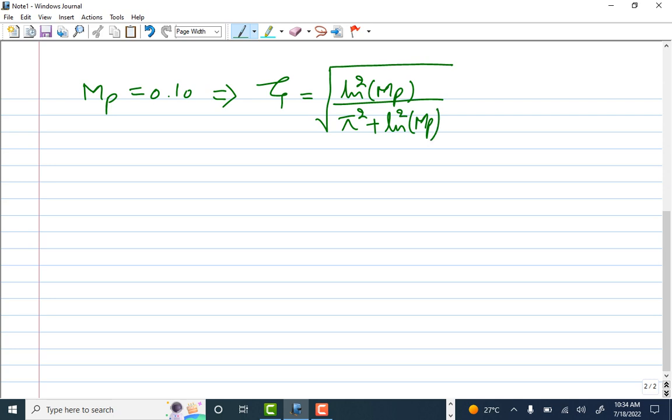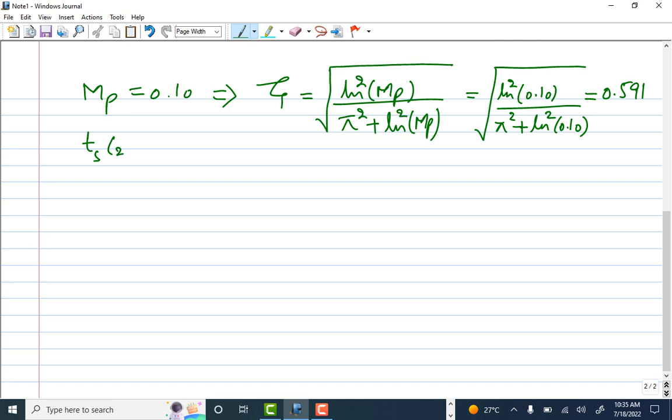If I quickly put in the values, it becomes log square of 0.10 divided by pi square plus log square of 0.10. When I solve this, it becomes 0.591. So we calculate the zeta.